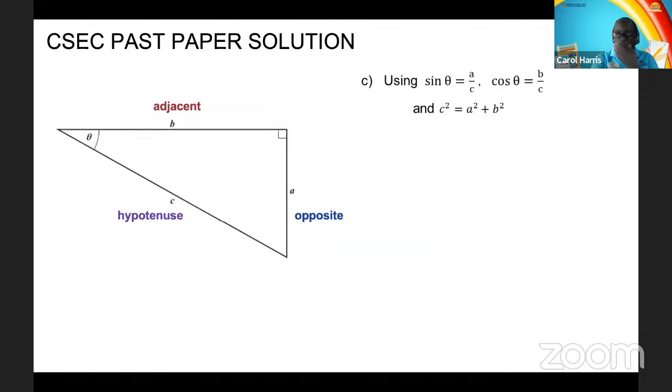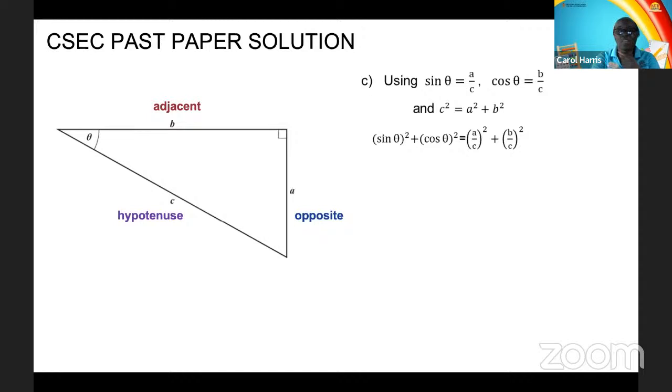Great. So now let us use the square of sine theta, which is A squared over C squared. So Sarah, can just come to the next line, please. They're asking me to show something.